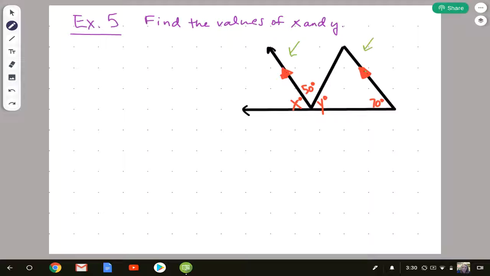So I've got to look and see, if those are parallel lines, where are my transversals? And how do I use all the things that I've learned so far? So if I extend those lines a little bit to make sure I can see it. Okay, these two are my parallel lines. The transversal could be in several different places, but let's see which one helps us the most.